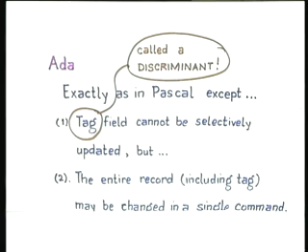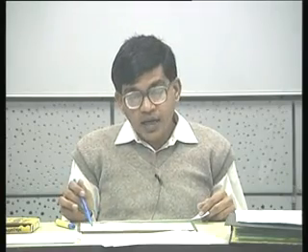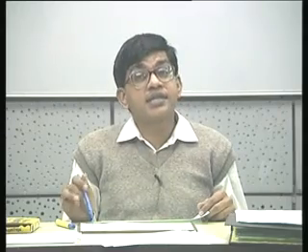So, this way they allowed for a flexible coercion of types, but that coercion meant that the programmer, by having to change the entire record including the tag, knew exactly what he was doing.